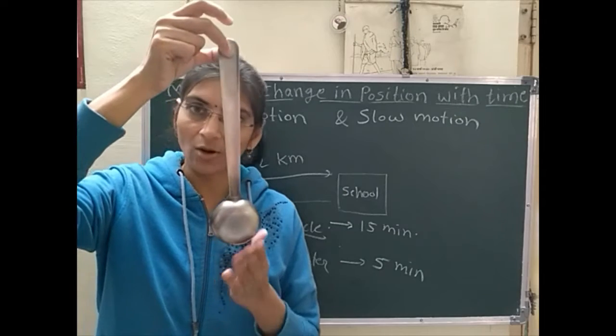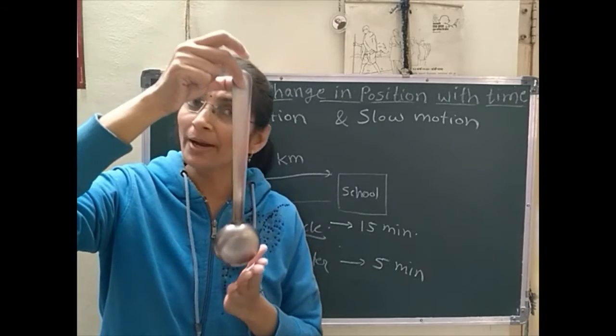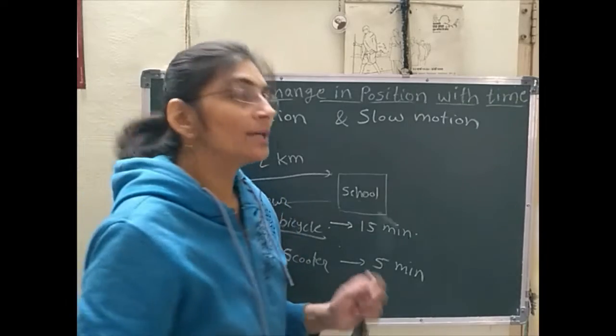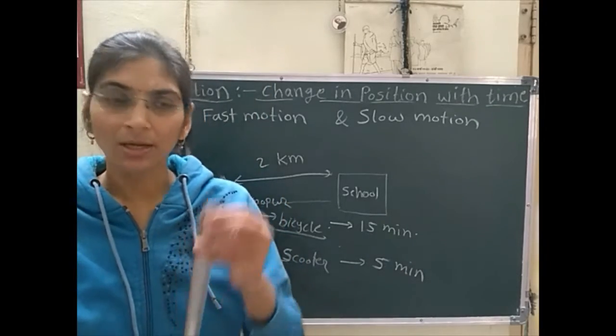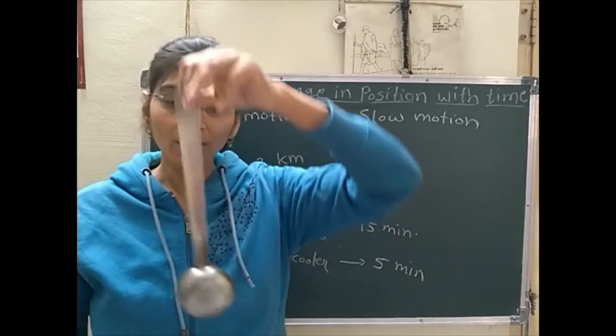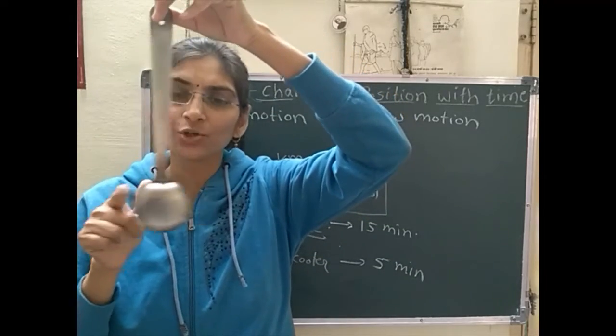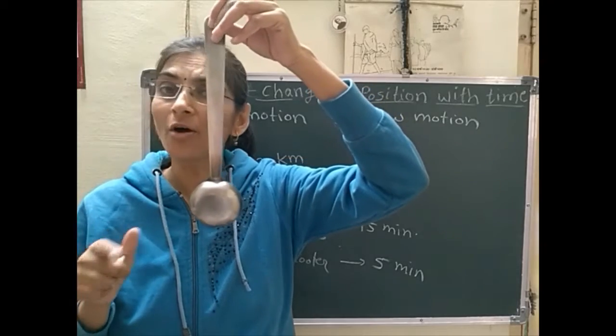This pendulum was used in clocks in our ancient age. Why? Because this oscillatory motion is uniform motion. How is it uniform?